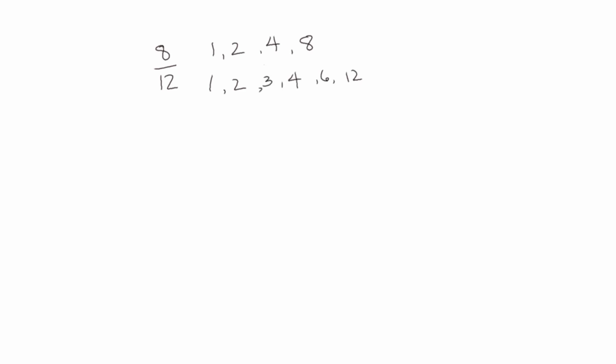And then let's circle the factors that are common to both numbers. Well, we have 2 and we have 4. So 2 and 4 are common factors.